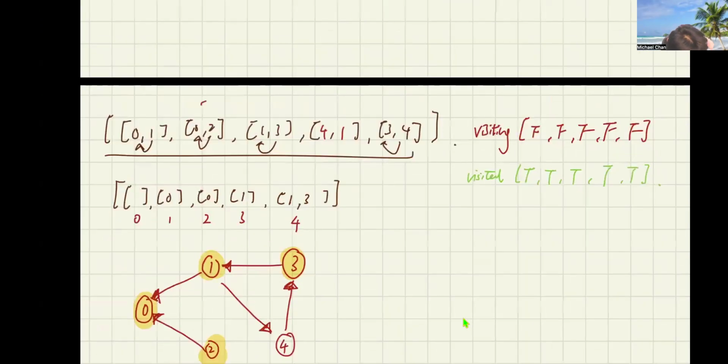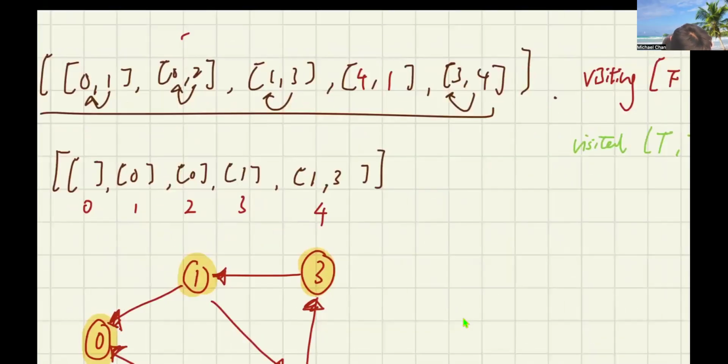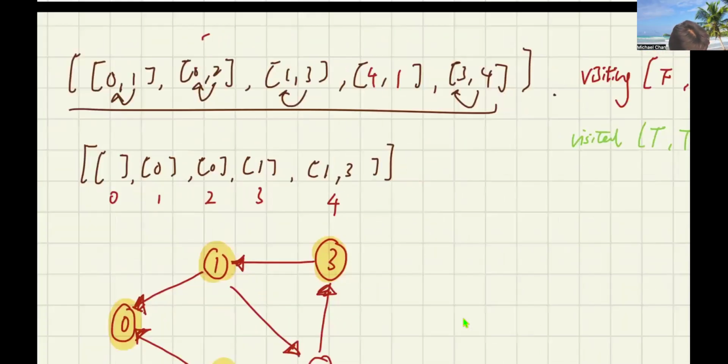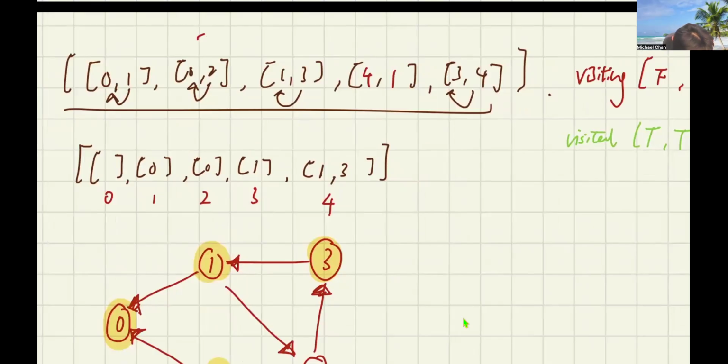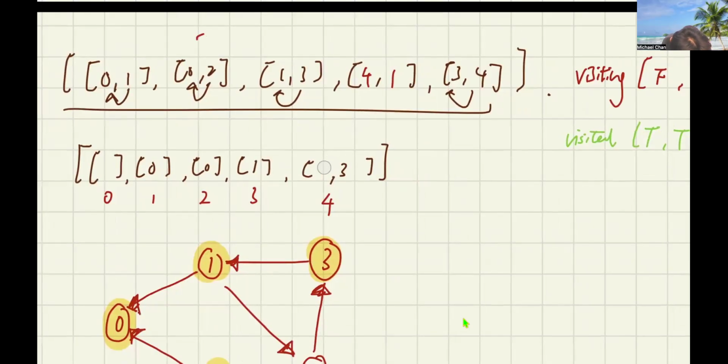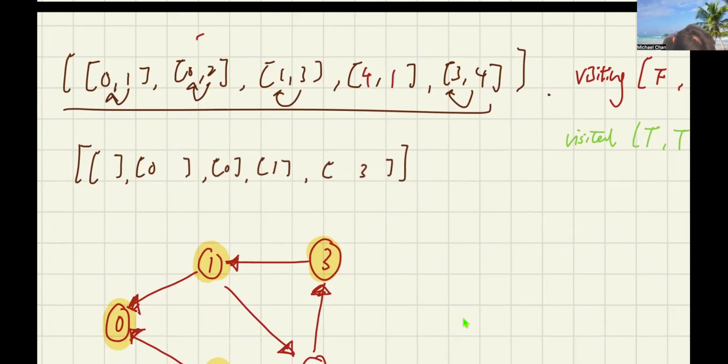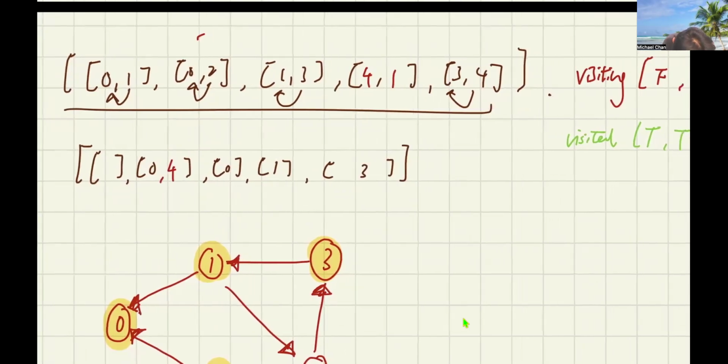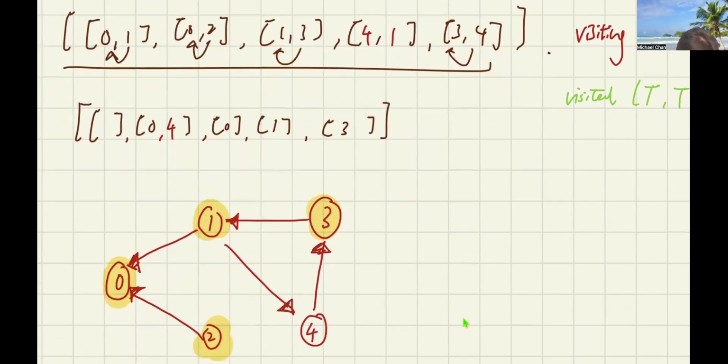Right? So what happens here? This would be pretty interesting, okay? So 4 and 1. So in 1, I put 4, right? I put 4. Cool.